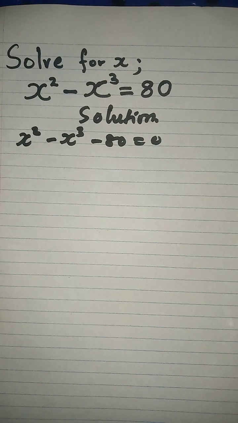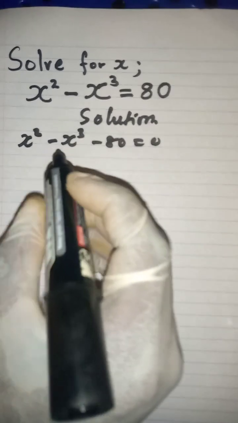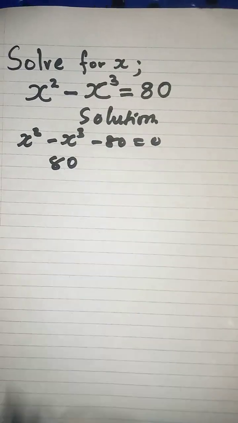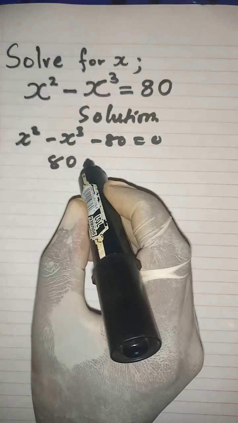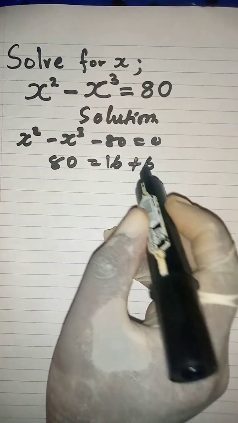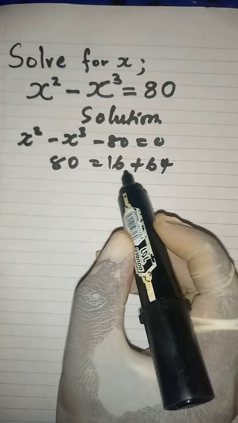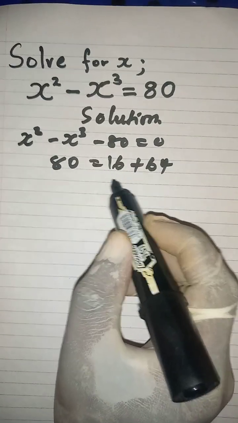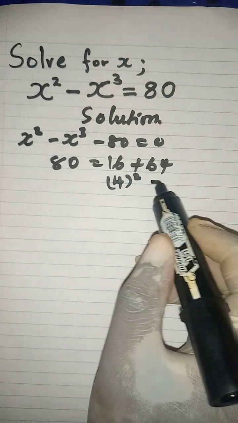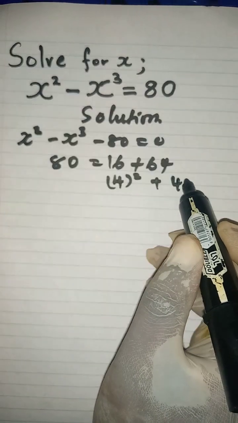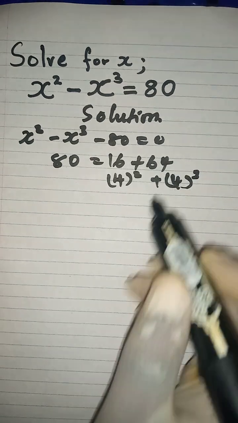Now it looks at least a bit like an equation. I know 80 can be written as 16 plus 64, so I'm going to write 16 as 4 squared and 64 as 4 cubed.